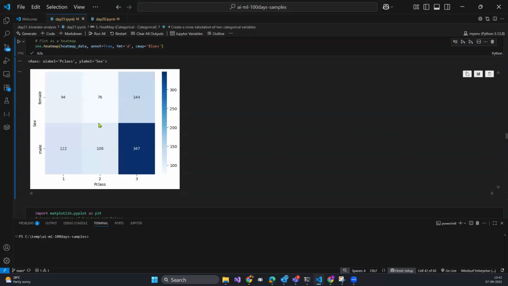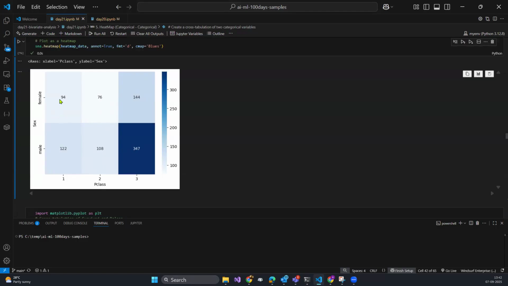With this, we see that in class 3, the male-female ratio difference was too much. In class 2, it was not that much.